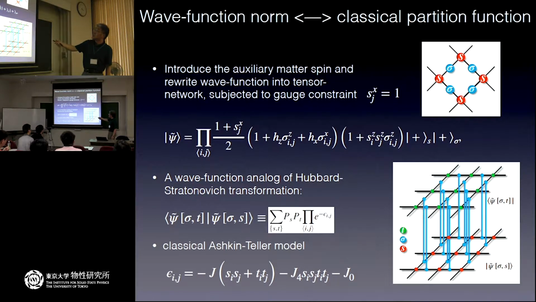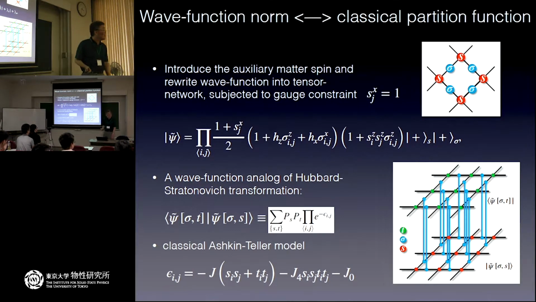Here we just integrate out the physical Pauli spin sigma, and we are left with the S operator and the T operator, which separately describe the top layer and bottom layer auxiliary degrees of freedom. I'm sorry, what is the PS and PT? This is just the global projection operator, which is in fact the boundary condition of the statistical model.